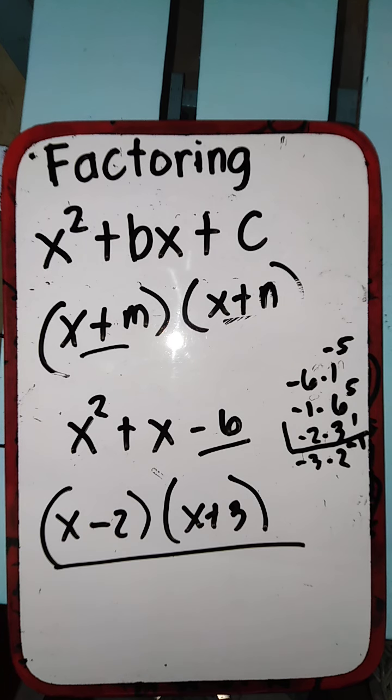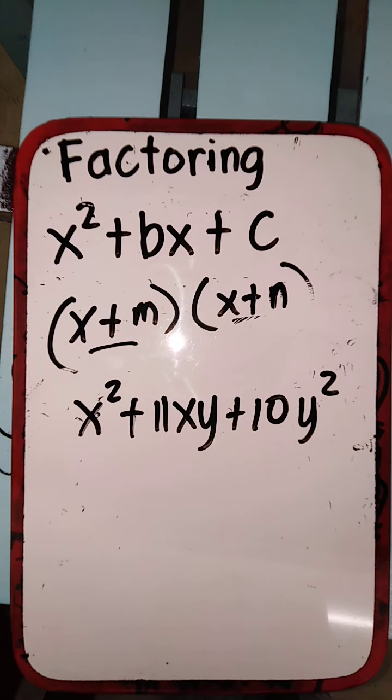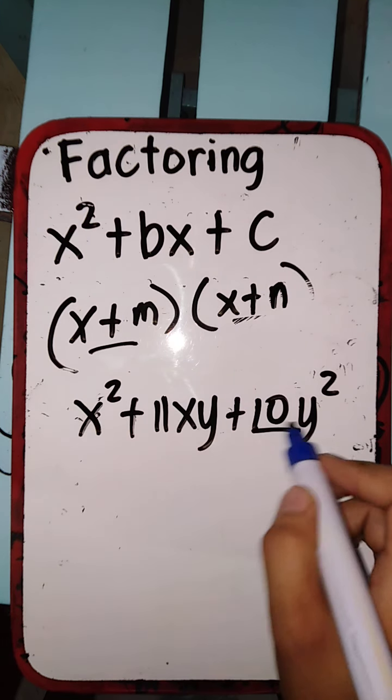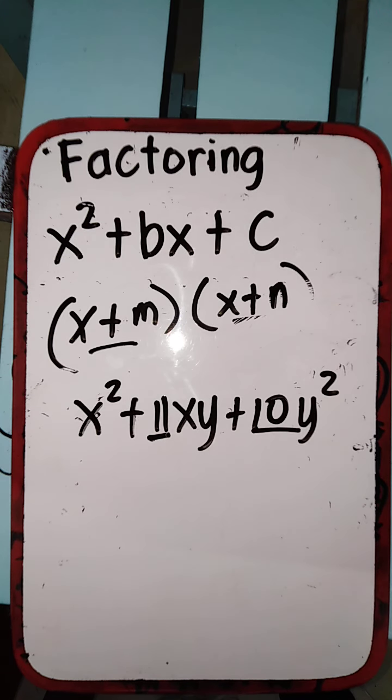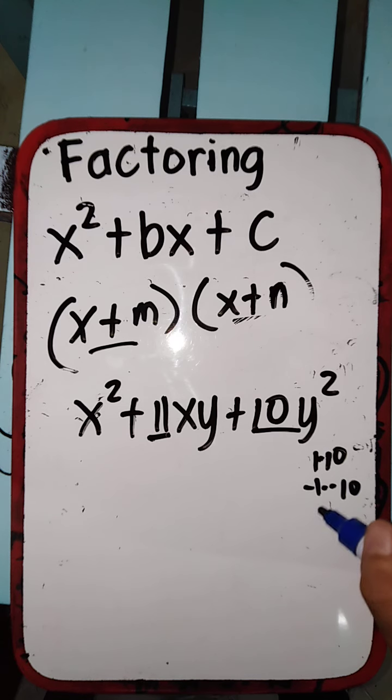Last example. We have x squared plus 11xy plus 10y squared. So, our c is 10 and our b is 11. So, again, let's find the factors of 10. We have 1 times 10. We have negative 1 times negative 10. 5 times 2 is 10.